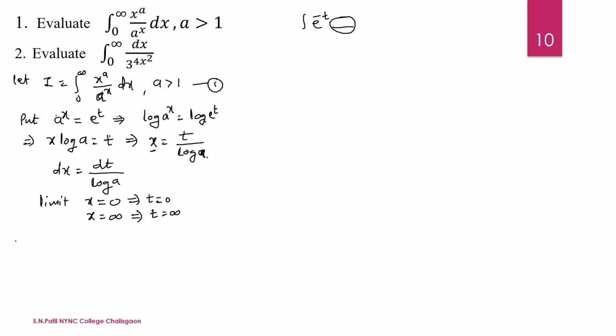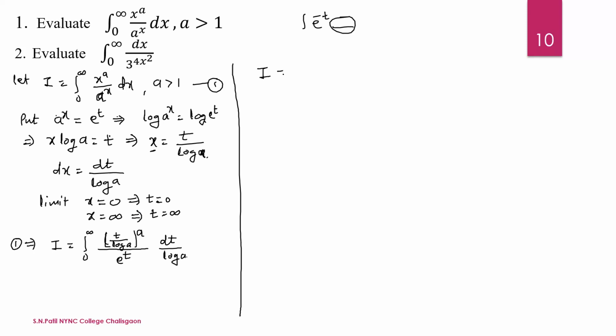Put in equation 1. Equation 1 becomes I is equal to the integral from 0 to infinity. The value of x is t divided by log of a, raised to a, and 1 divided by a raised to x is e raised to minus t, and the value of dx is dt divided by log of a. Okay, let us simplify.